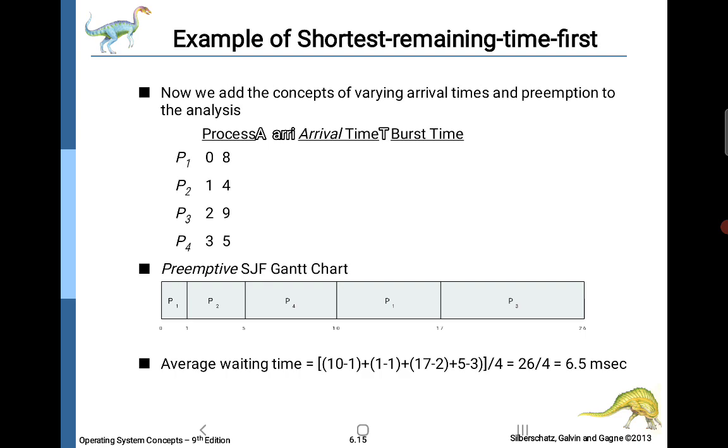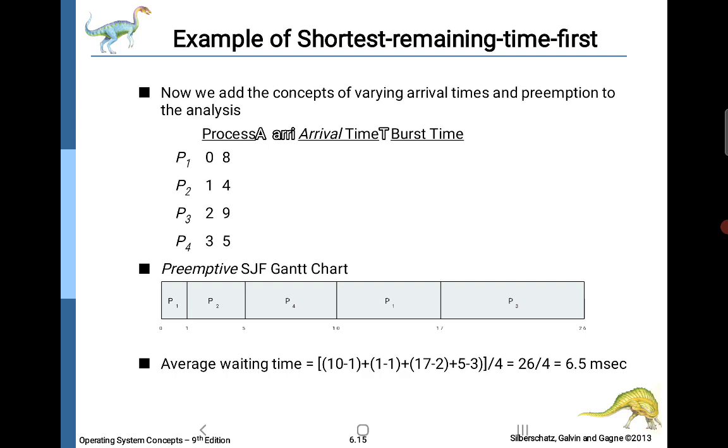For P1, there will be 2 waiting times. For P2, P3, and P4 there will be only 1 waiting time each. P1 has 0, but then it waited until P2 and P4 executed. That is 9, so the waiting time is 9. For P2, the waiting time is 0.